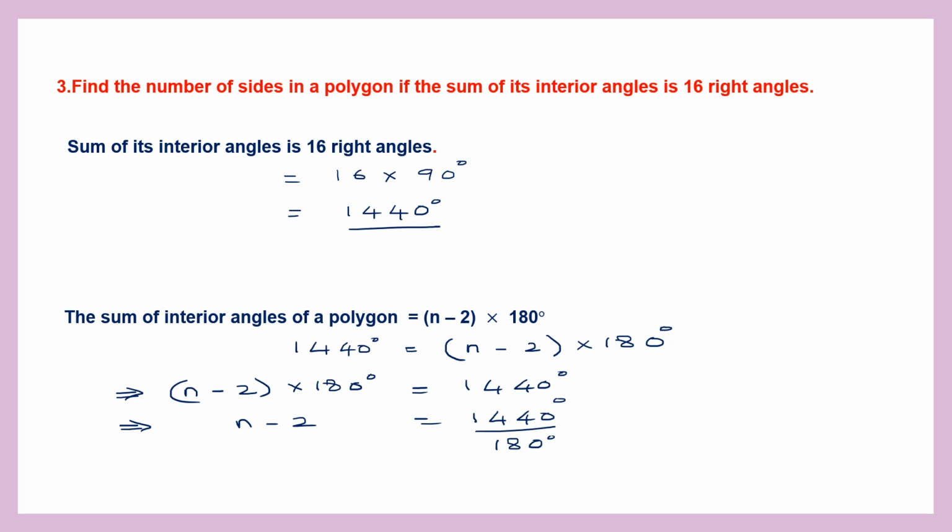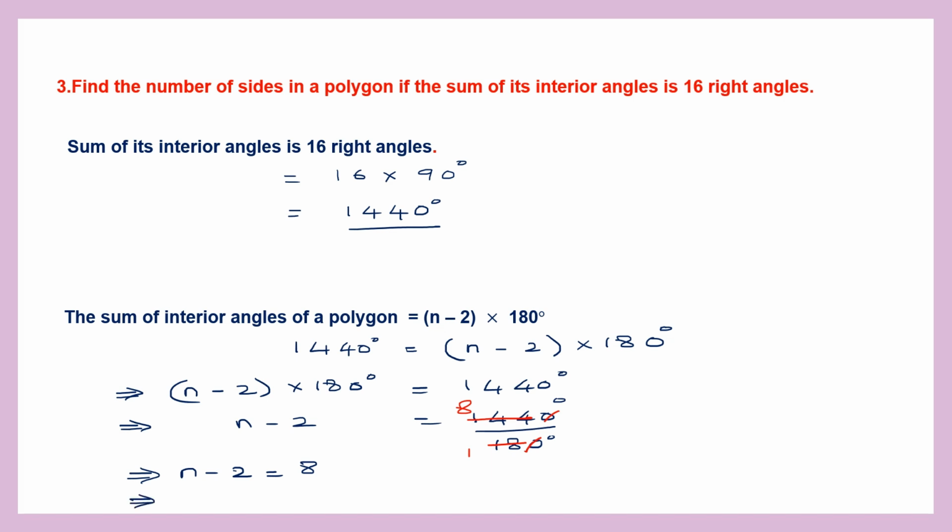Now how did I get 180? I moved this from the left hand side to the right hand side. Here it is multiplication, so when it moved it became division. Now I am going to divide and cancel. I can cancel these two. I can cancel 18 and 144 also. 18 ones are 18 and 18 into 8 is 144. That means n minus 2 is equal to 8 because 8 by 1 is 8.